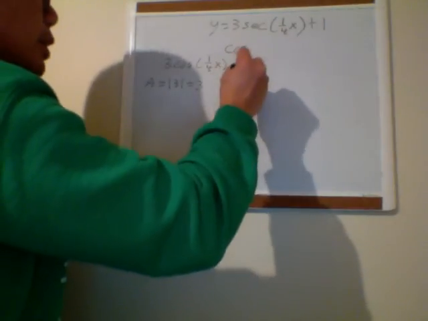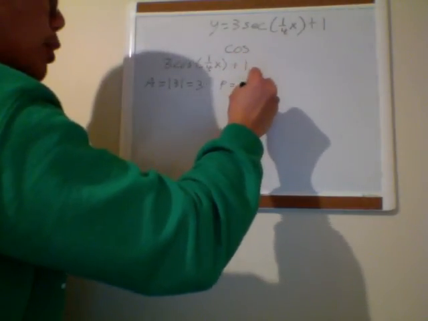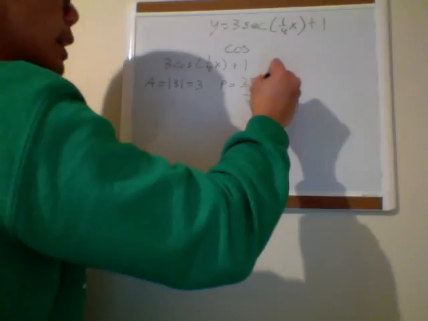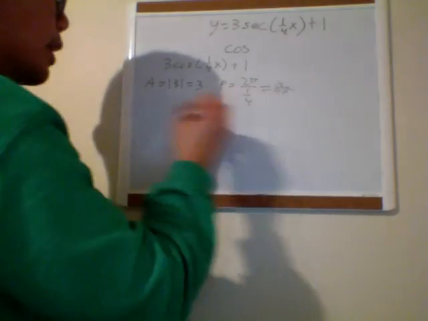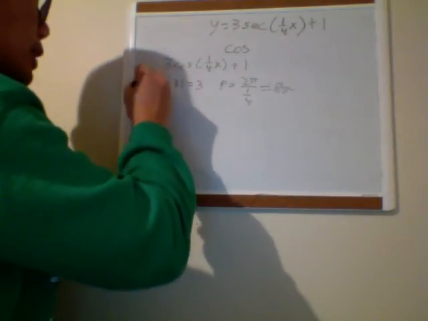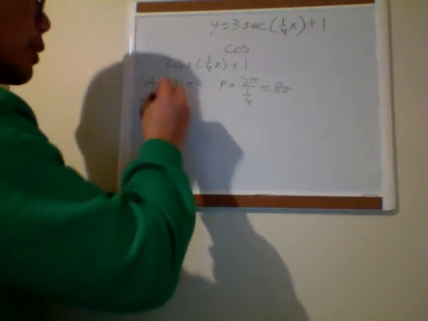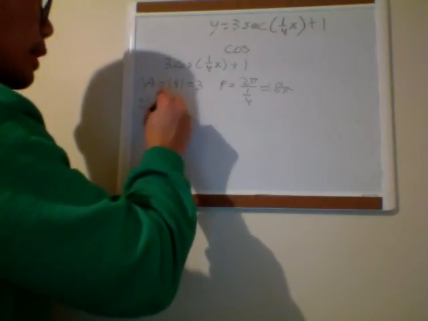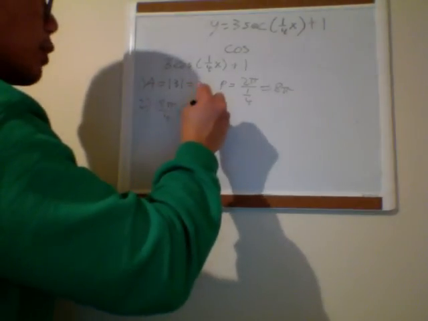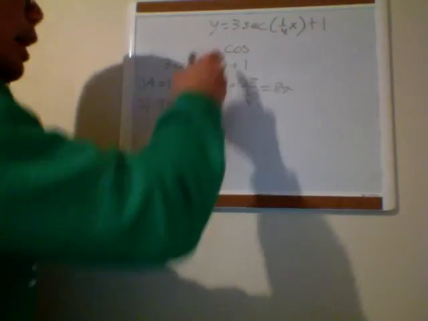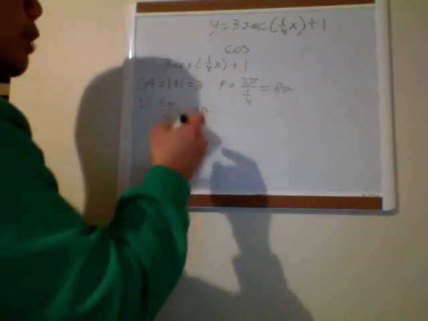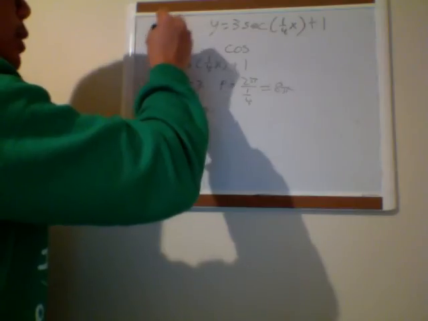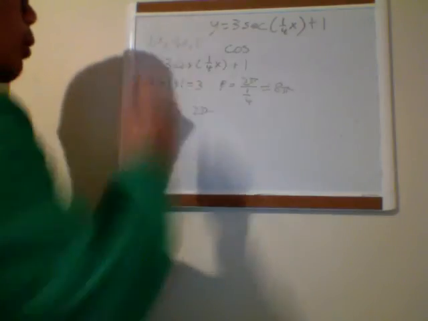My period is 2 pi over 1/4, and so my period is 8 pi. For step 2, my intervals are going to be 8 pi divided by 4. I'm going to have intervals of 2 pi. It's cosine, so I know cosine goes 1, 0, negative 1, 0, 1.